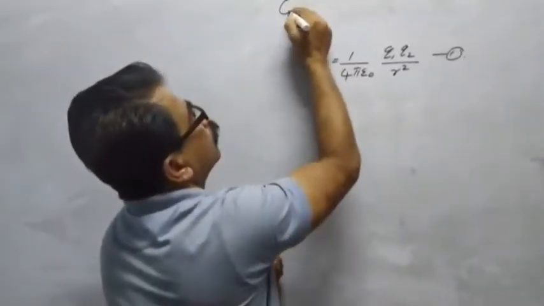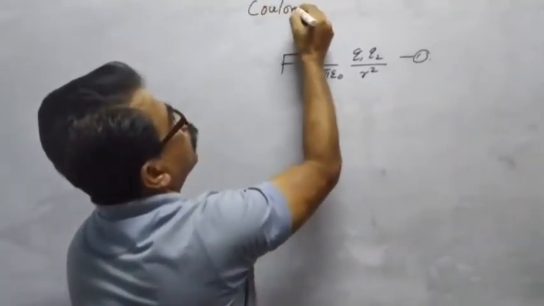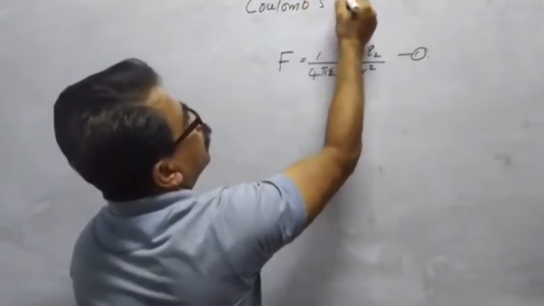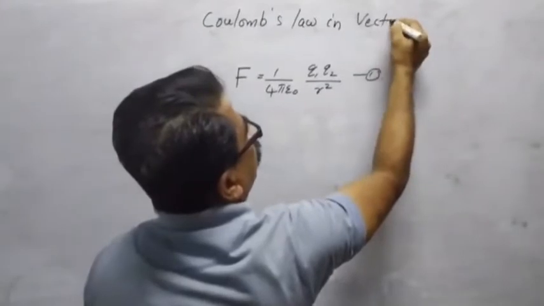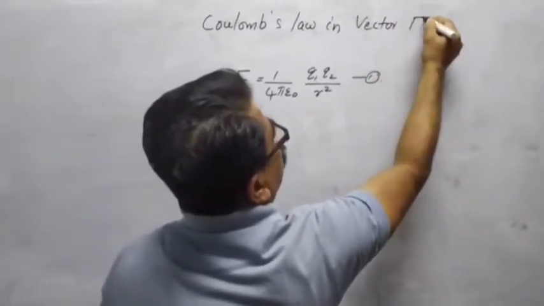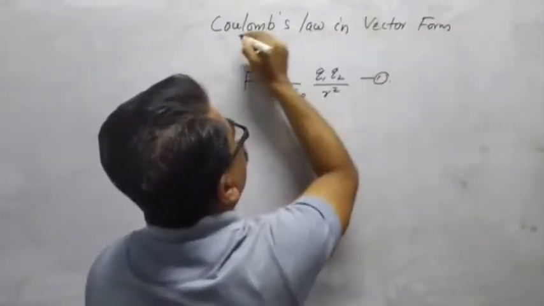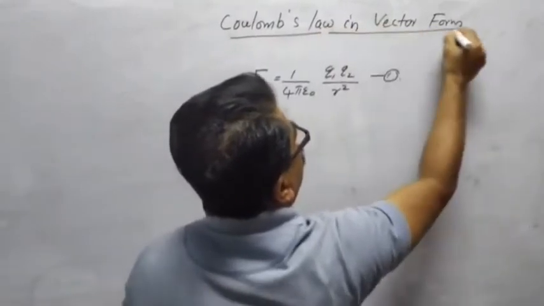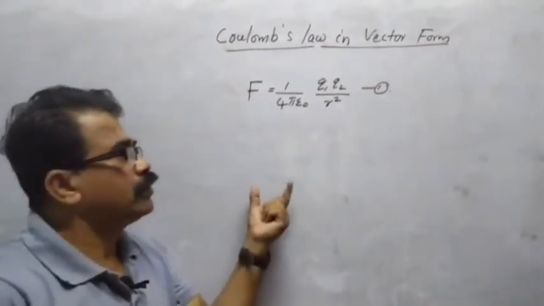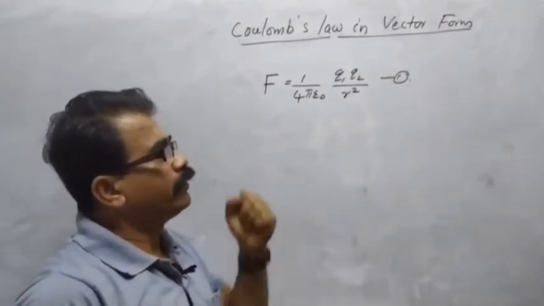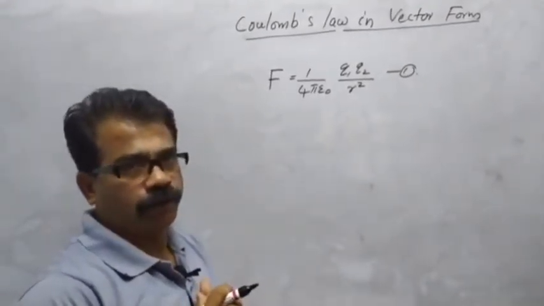So, how will you write Coulomb's law in vector form?